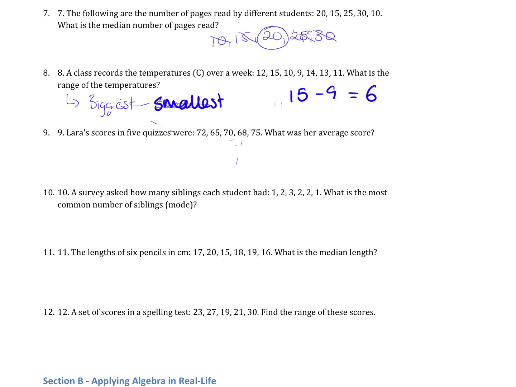Laura's scores in 5 quizzes were 72, 65, 70, 68 and 75. What was her average score? Give me another name for average score. What could we call that? No, most common is your mode. So the average is the mean. Okay, so you have to get used to these words, Holly, because they're not going to write average score. They're going to ask you for the mean. So you have to remember which one it is. So what will we do?